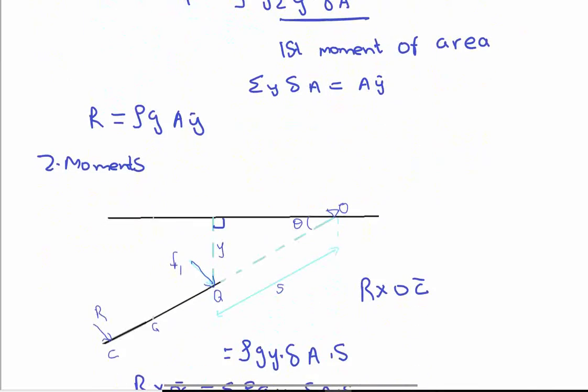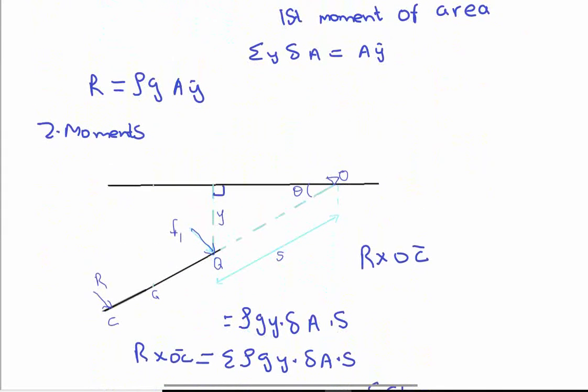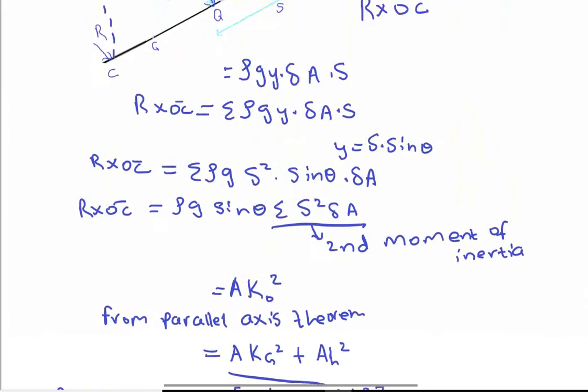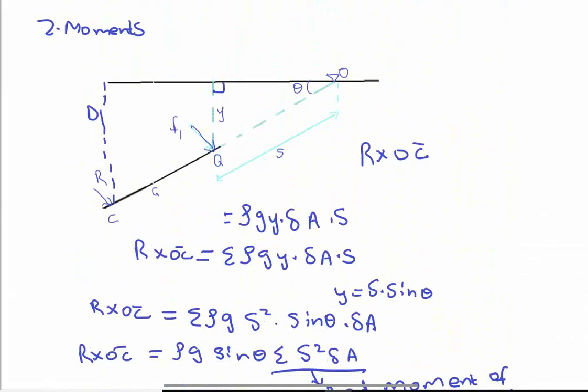Now remember that the derivation was to find the depth of pressure. So my depth of pressure, if I were to draw it this way, is what I'm supposed to find. So R, I substitute with rho g A y bar. If I want to put OC in terms of D, then OC is equal to D over sine theta.